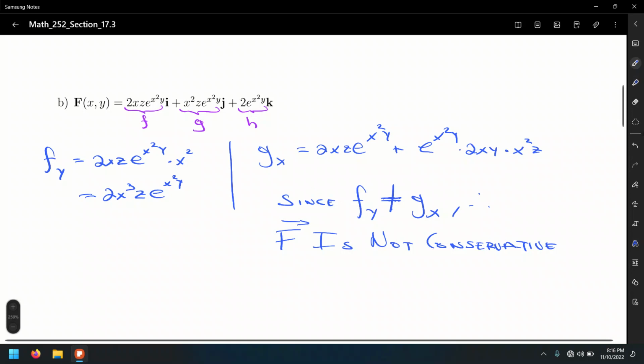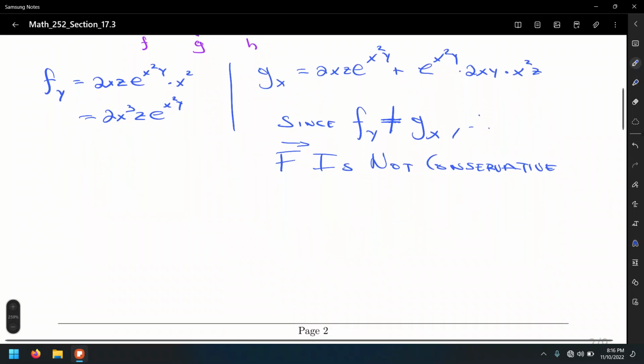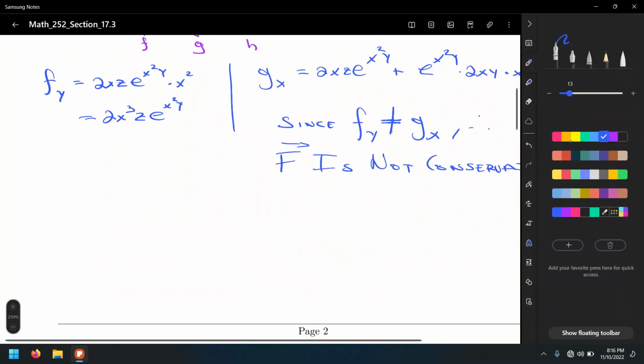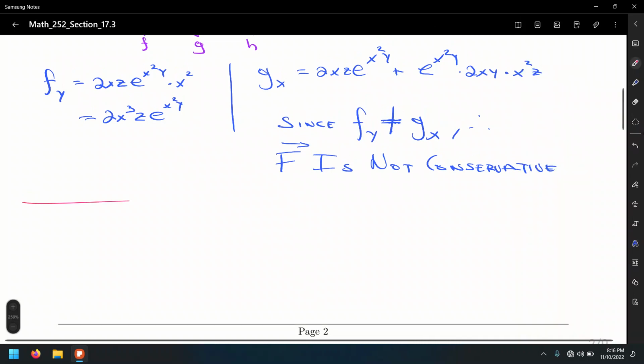Let's see what's next over here. I didn't type anything on the process to find the potential function.